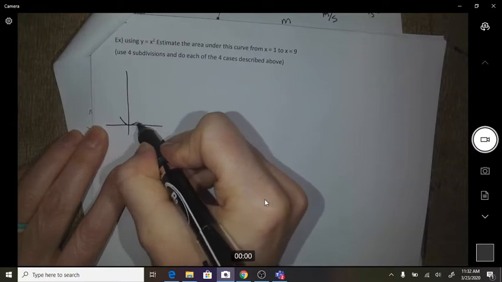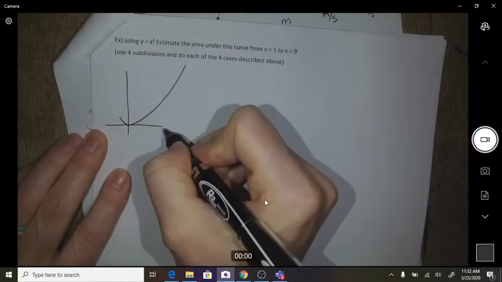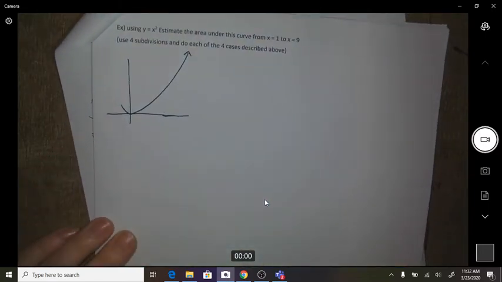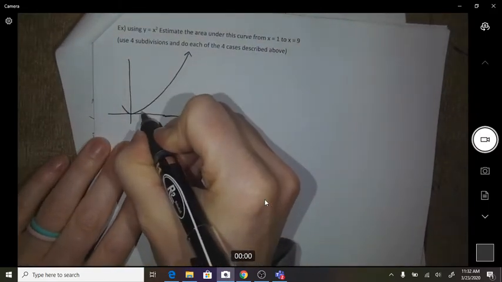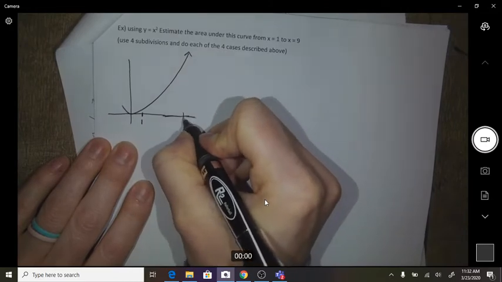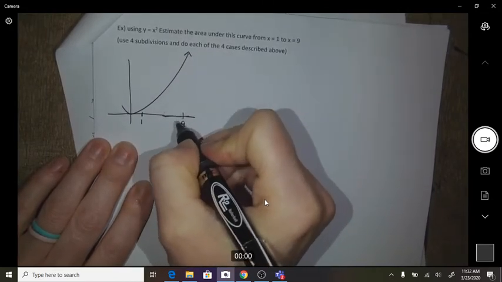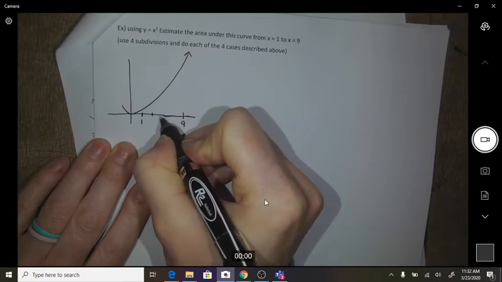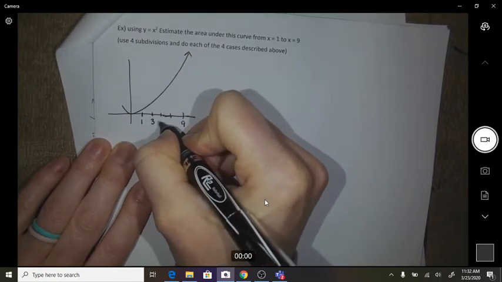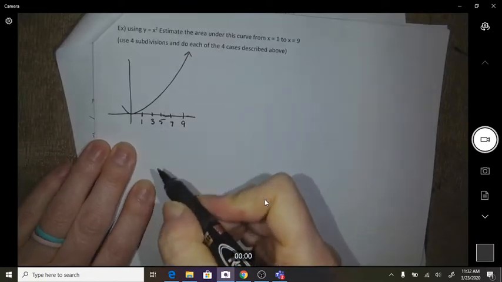Okay, so y equals x squared. It's not exactly how it is, but I have to fit it all under here. So 1 to 9, and I have to divide it up into 4 chunks. So this would be 3, 5, and 7.